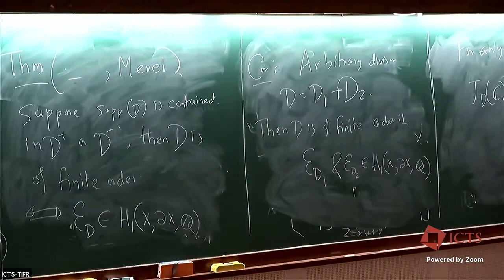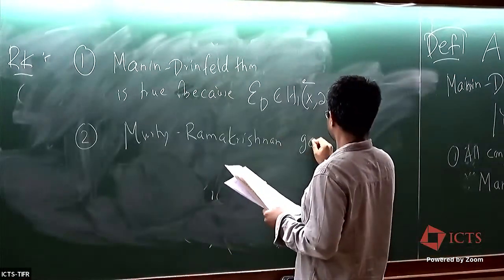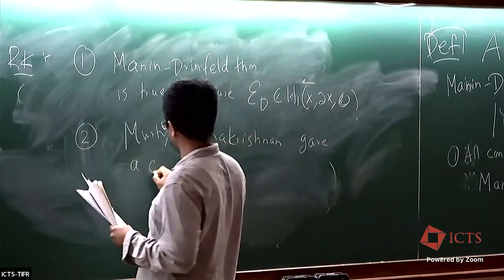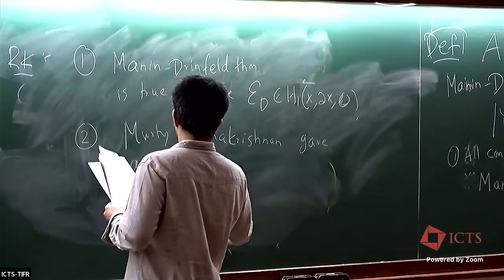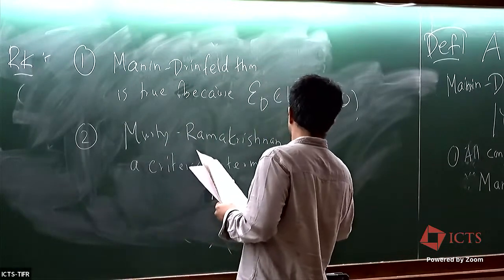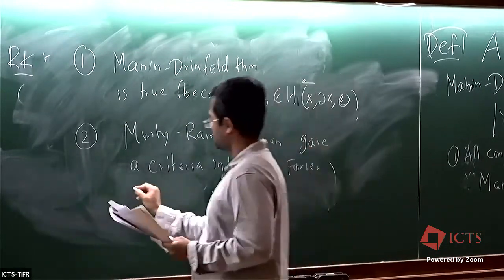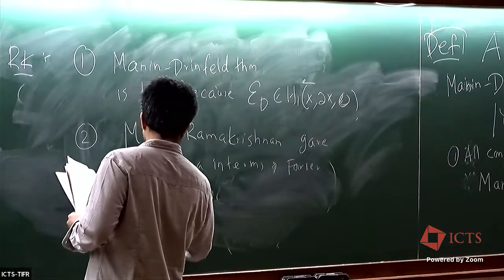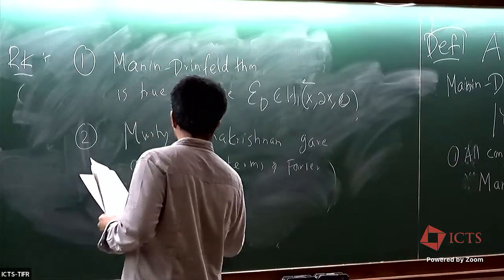Okay, and Murthy and Ramakrishnan, this is the 1986 paper, gave a criteria in terms of Fourier coefficients of Eisenstein series.